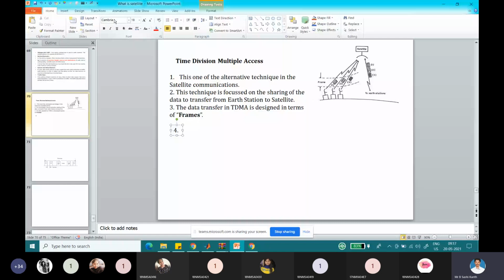So we are designing in terms of frames, and we will see how this is designed.